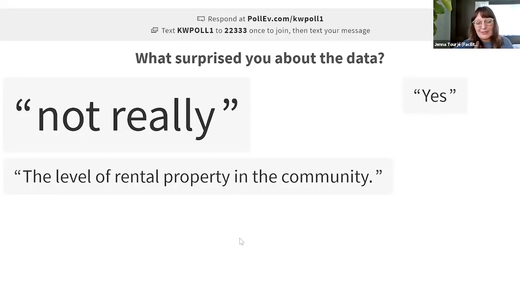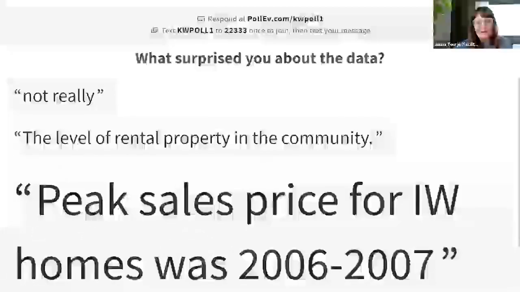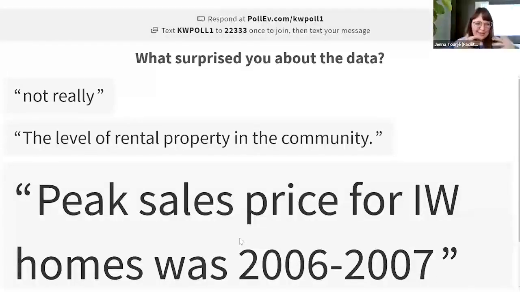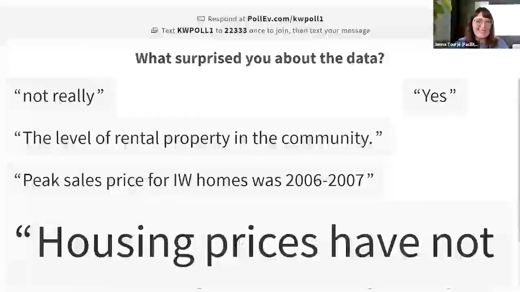Because this is going to be the first question that we're going to be using Poll Everywhere for, we're going to hang out here for a little bit and get people used to using this. I see peak sales prices for Indian Wells homes was 2006 to 2007.